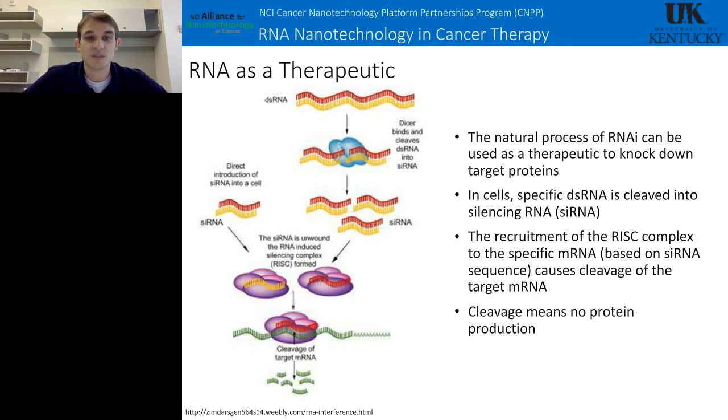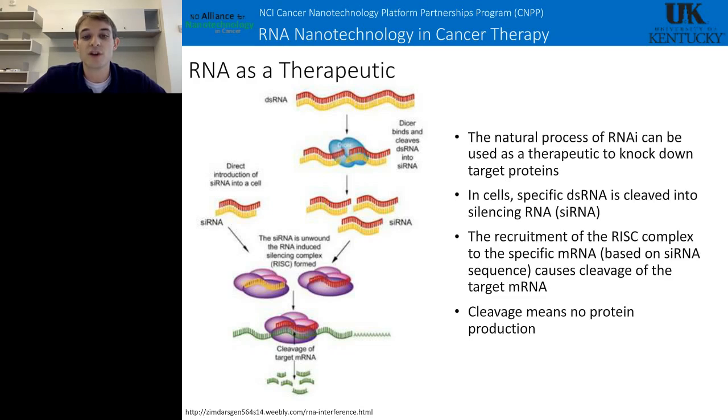In the cell, there are these special double-stranded RNAs, which are processed by a protein called dicer, and this dicer cleaves these specific strands into short double-stranded RNAs called siRNAs. And then these siRNAs bind to another protein complex called the RISC complex, and this RISC complex is then guided to mRNA by this specific siRNA sequence, and then this causes cleavage of the target mRNA.